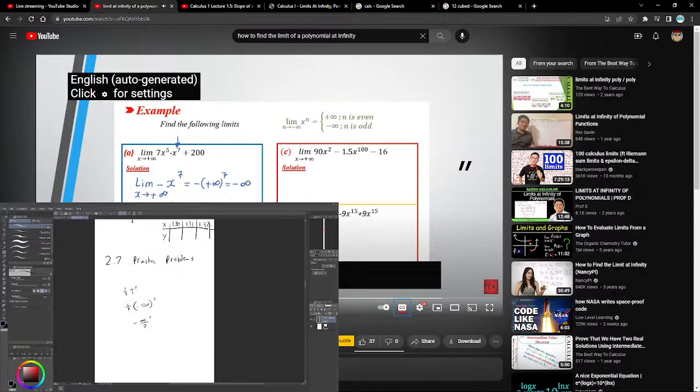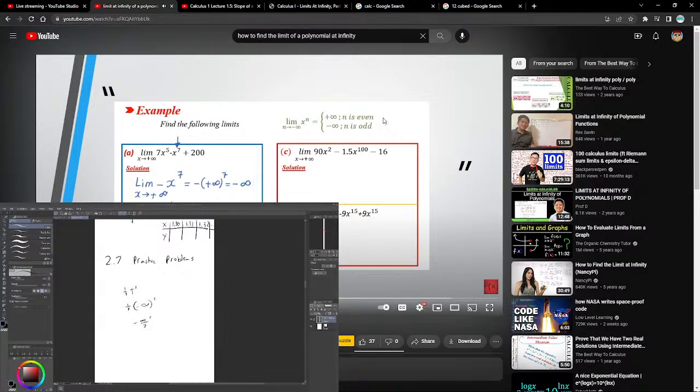Wait, what? Okay, I actually don't get that. What's this about negative 5x to the 8 when x goes to negative infinity? This equals negative 5 multiplied by negative infinity to the 8. And 8 is an even exponent, so you have to cancel the negative sign here.